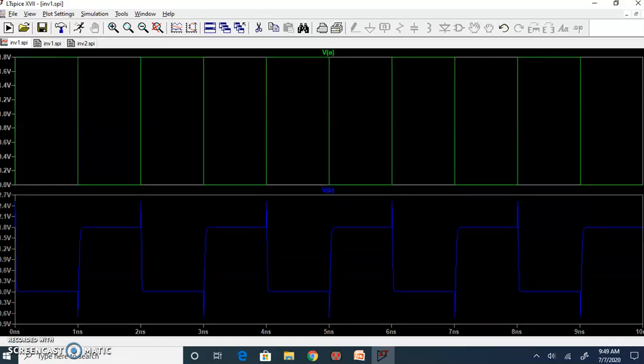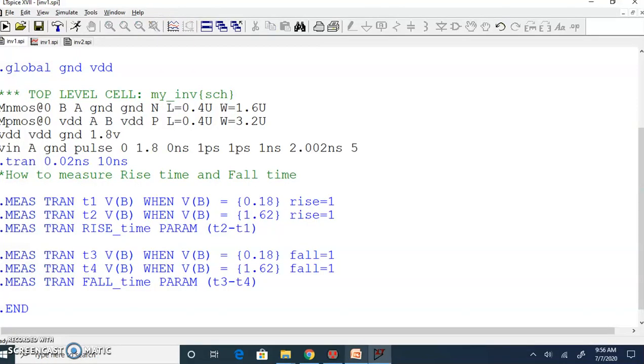I can separate these two waveforms and observe them separately. Manually, I can measure rise time, but that won't be accurate. So I will add certain lines in my SPICE deck for measuring rise time and fall time.